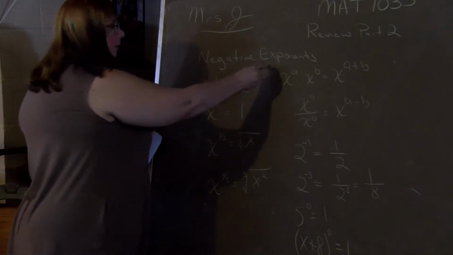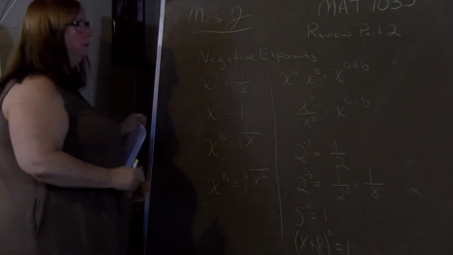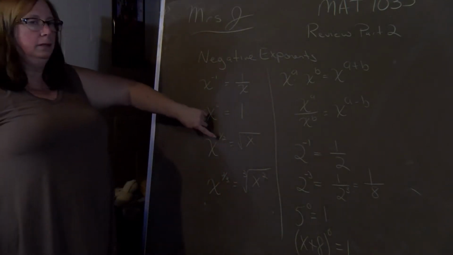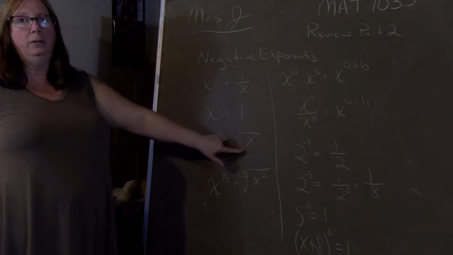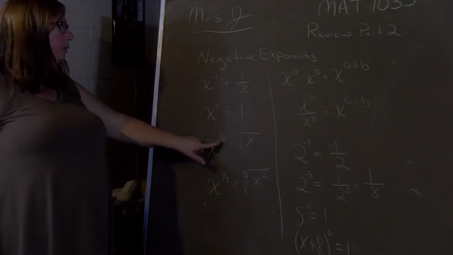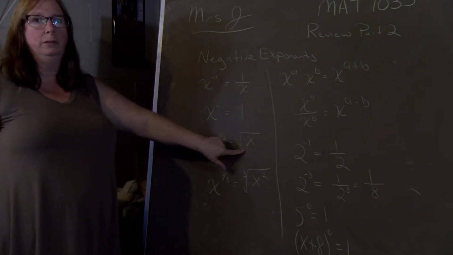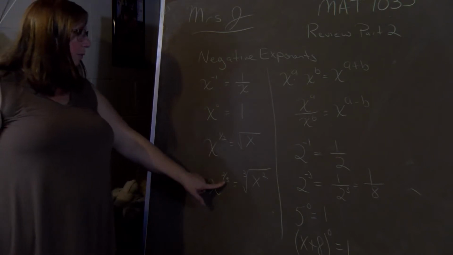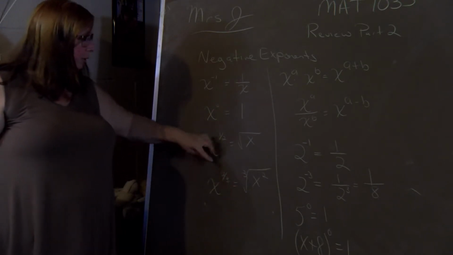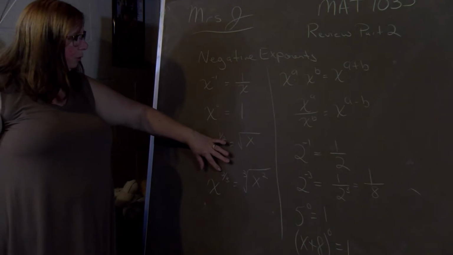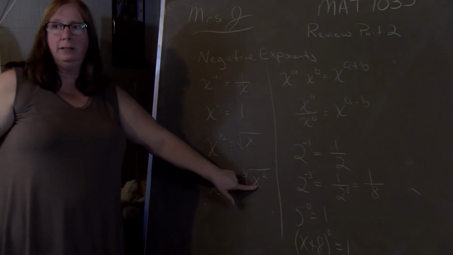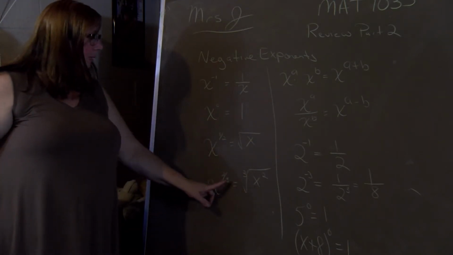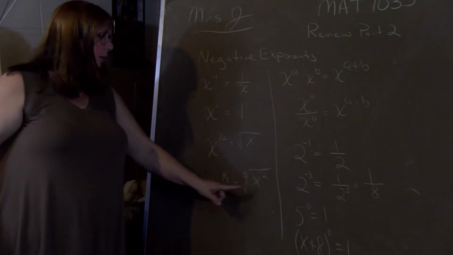When we look at fractional exponents, the denominator is a radical. So when there's a 2 in the denominator, it's a square root. When there's a 3 in the denominator, it's a cube root. Notice that the 2 is on the numerator, and it stayed with the x. So this became cube root of x squared.